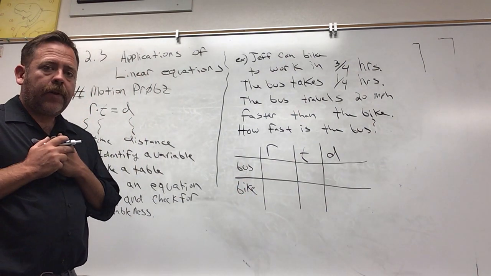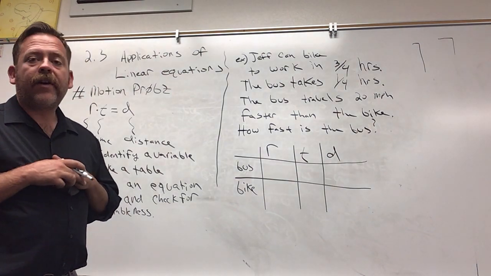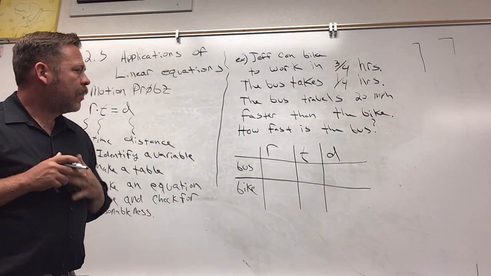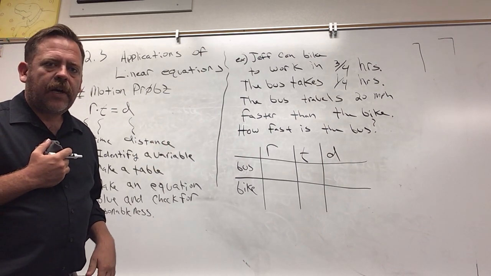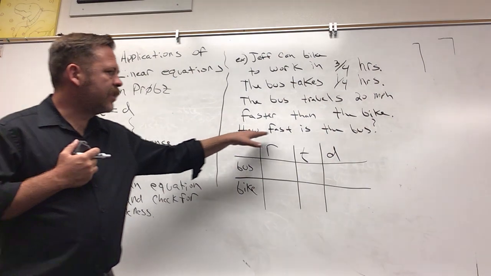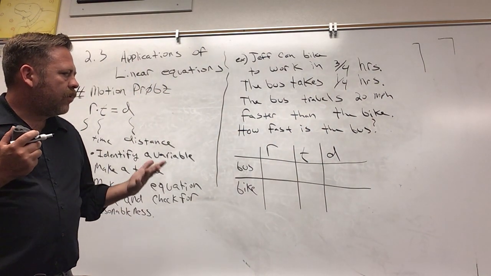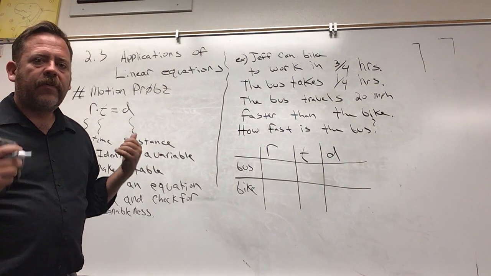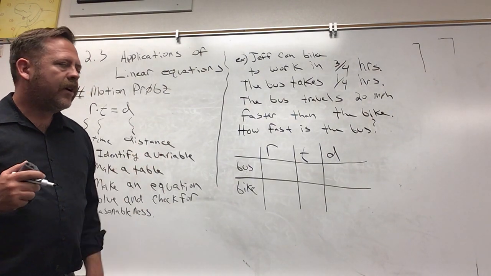Now, let's see. We need to identify a variable. I should have done that first, but a lot of the times the variable can be found in the question. It says, how fast is the bus? Well, the question is asking how fast, meaning we don't know the speed. So maybe the variable can be rate.